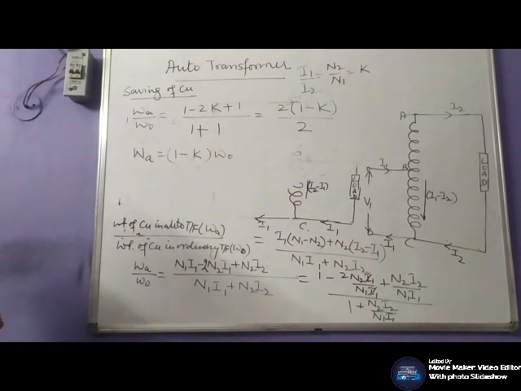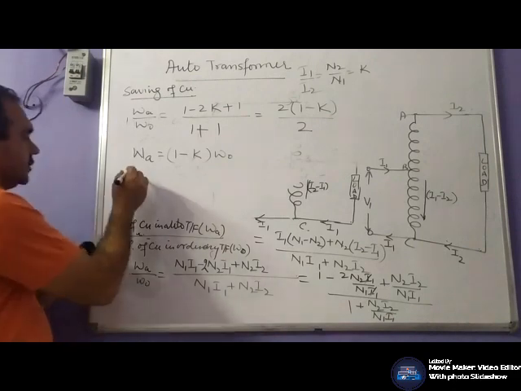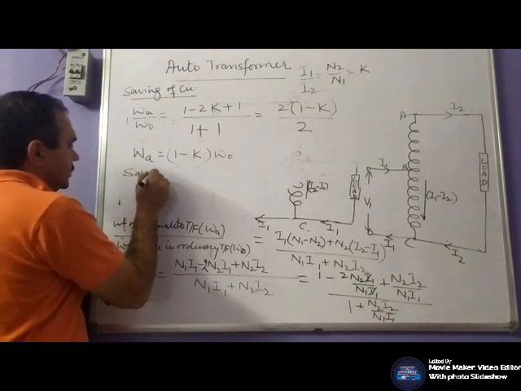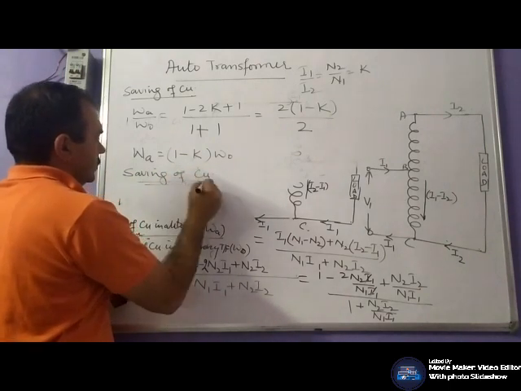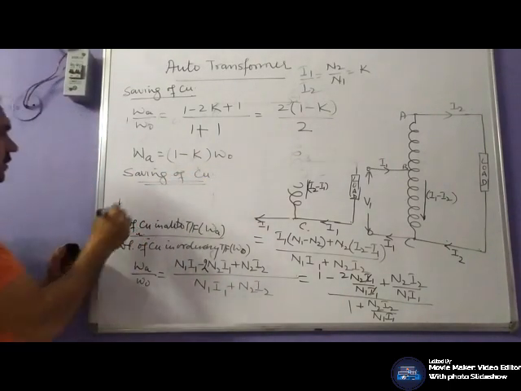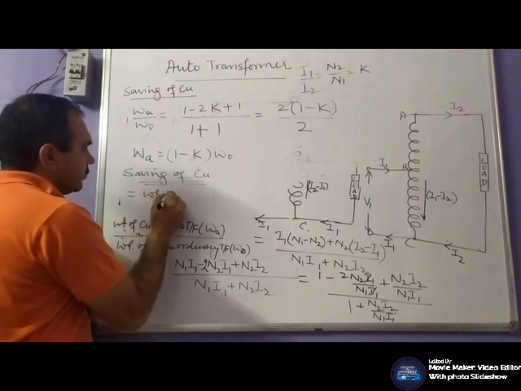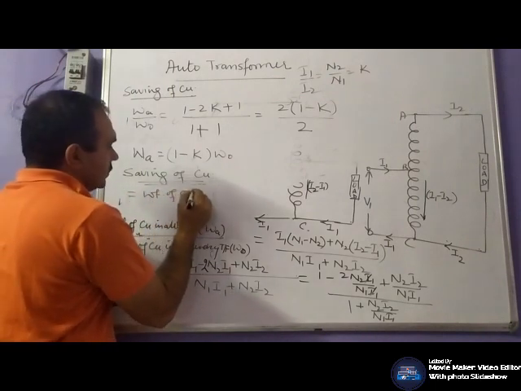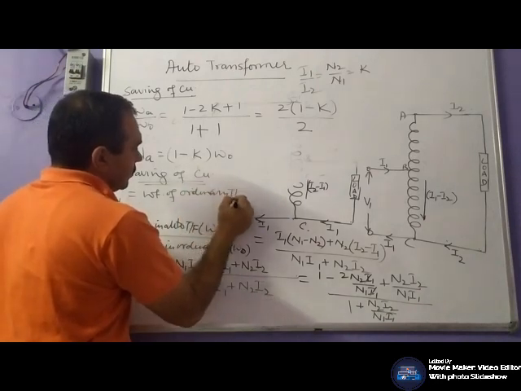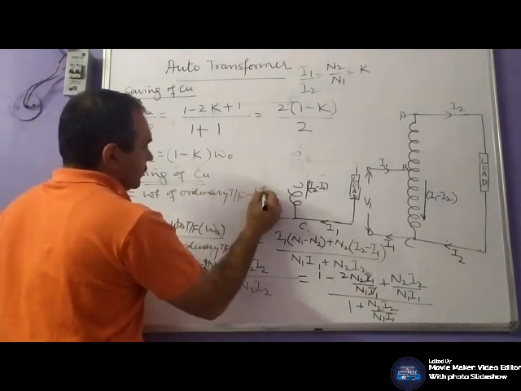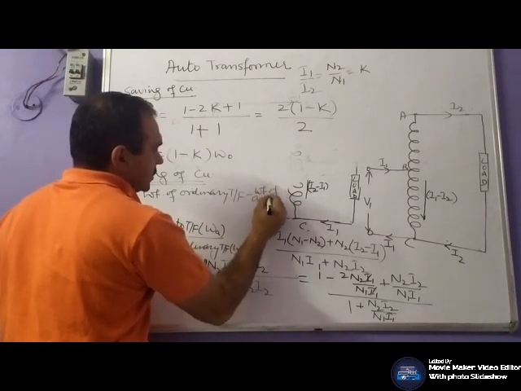Now what would be the saving of the copper? That is the weight of the ordinary transformer minus the weight of the auto transformer.